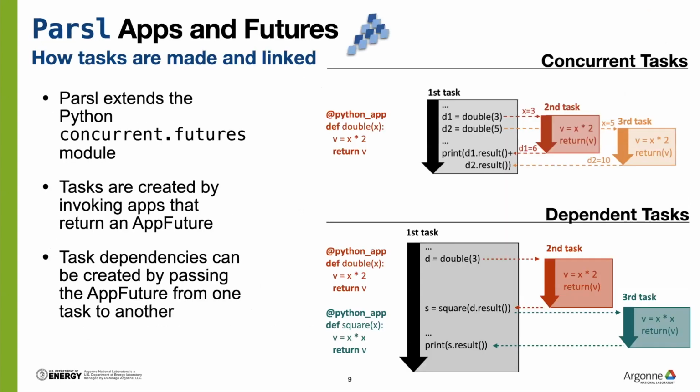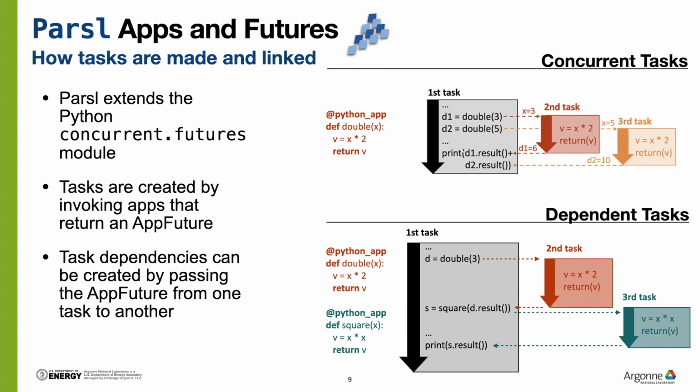So I've alluded to futures and that Parsl uses futures, and indeed there is in Python something called the concurrent futures module, and Parsl is basically just an extension of that. So it works by creating tasks that invoke apps, and the apps return an app future object. And you can build up task dependencies by passing these app futures from one task to another.